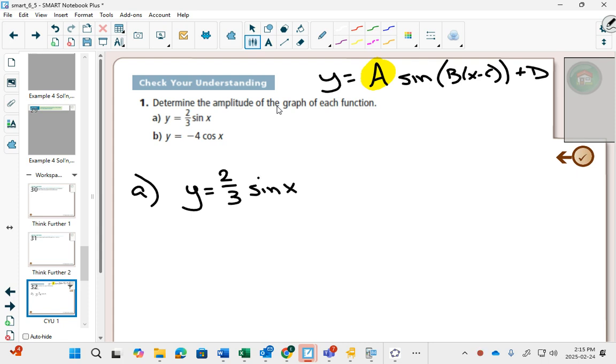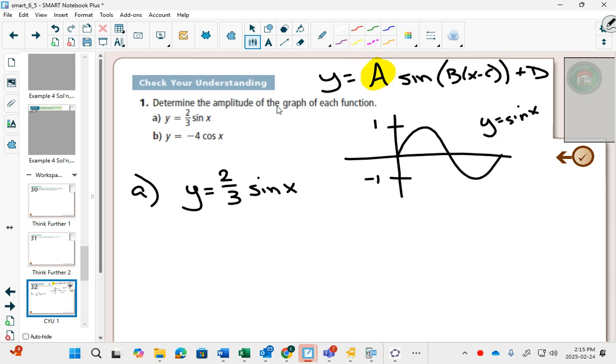The amplitude of your regular sine graph, here's your regular sine graph, has a max of 1 and a min of -1. This is going to multiply all of your y values by 2/3, which will make your maximum now 2/3, your minimum -2/3.